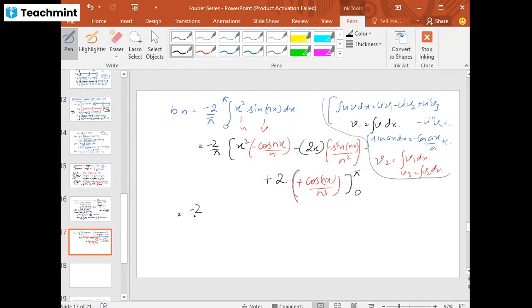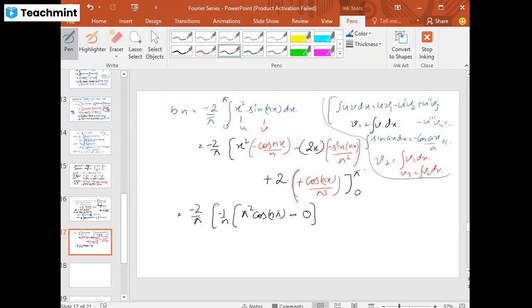So this is minus 2 upon pi, minus 1 upon n is common. Now substituting upper limit and lower limit. So firstly upper limit. X is pi, so it is pi square cos n pi. This is on substituting upper limit, minus lower limit. X is 0, so its value is 0.